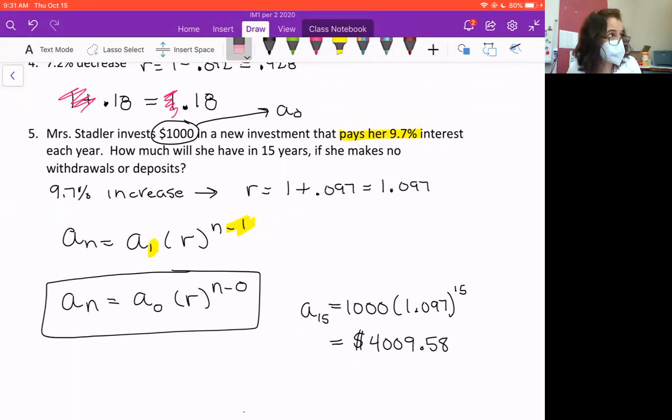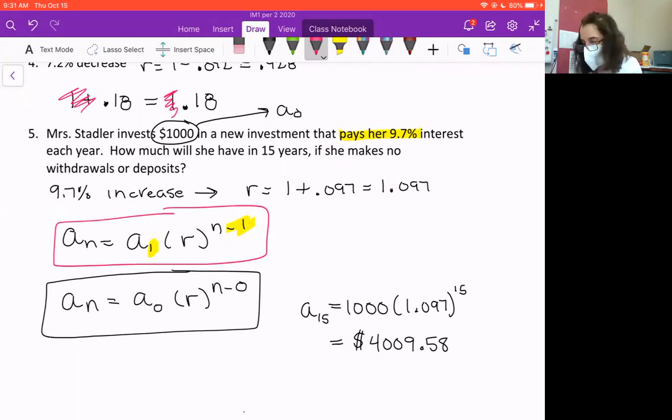Now, if you want to use this formula instead with the a sub 1, there's nothing wrong with this. However, you would first have to calculate a sub 1. We don't have a sub 1. We have $1,000, which is a sub 0. That's the amount of money before the sequence has started. The sequence is the interest payments. So if you're going to use the formula that I've boxed in pink, you would have to figure out a sub 1, which is 1,000 times 1.097, which is 1,097.